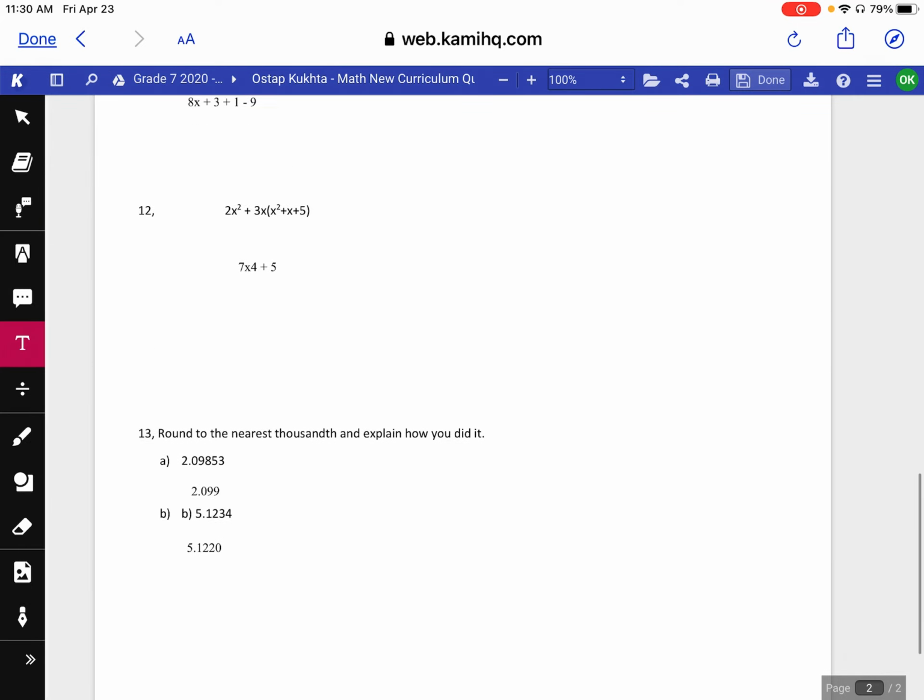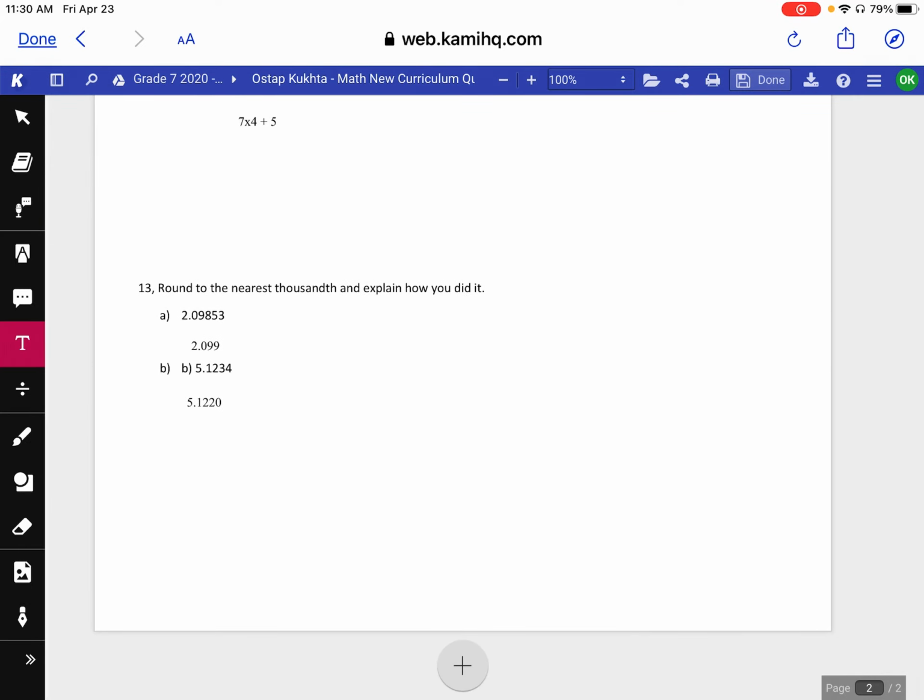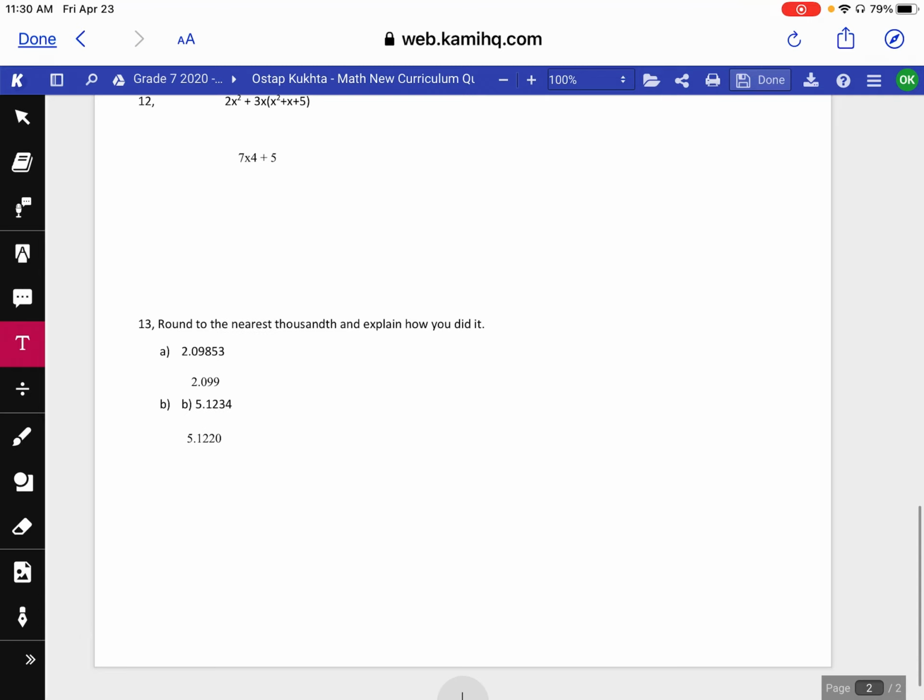And then for the last thing, I'm gonna just explain 13, since in the question it says to. So the thousandth is the 4th spot.